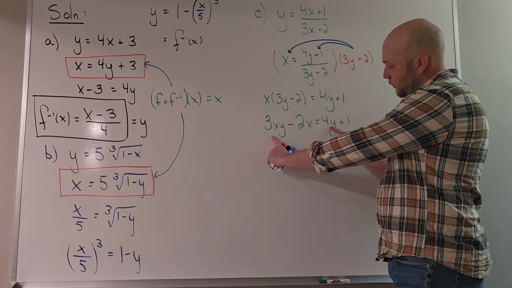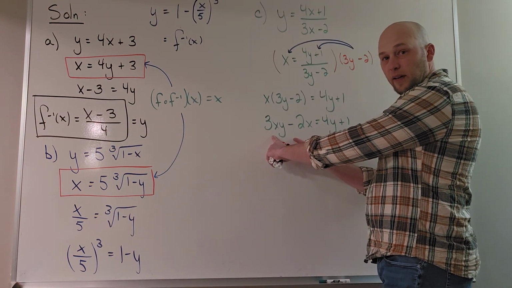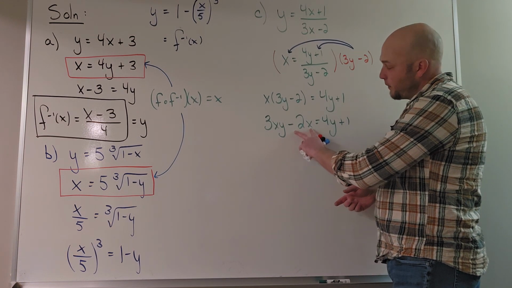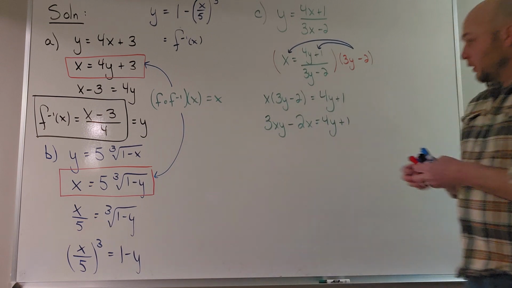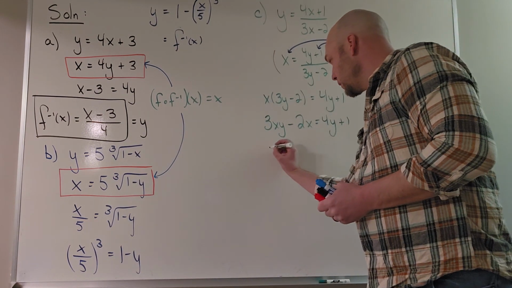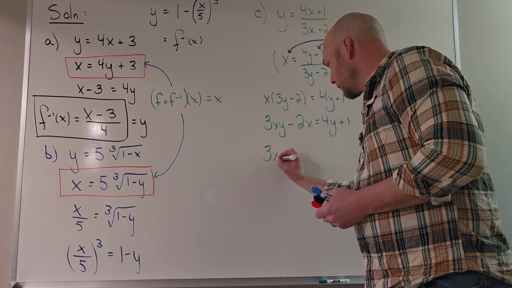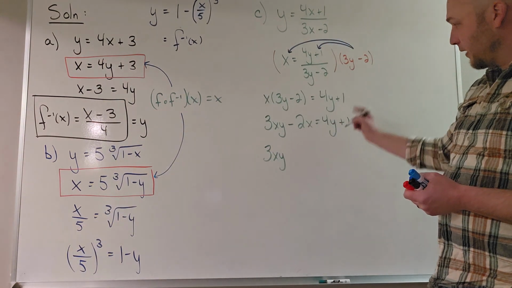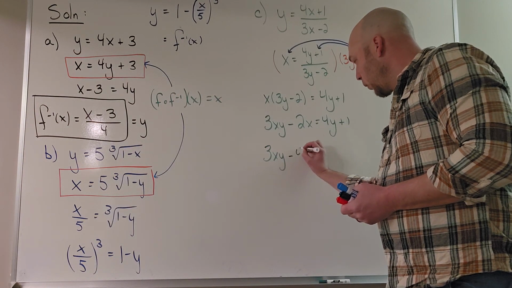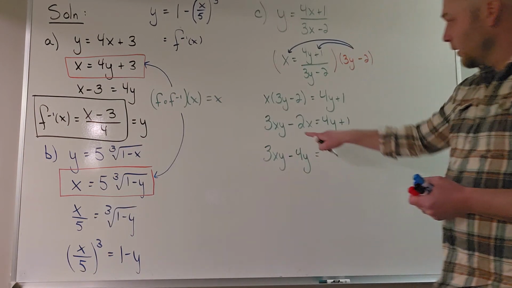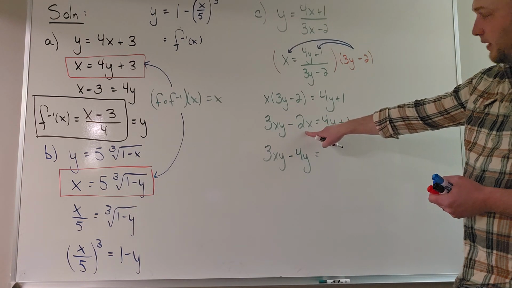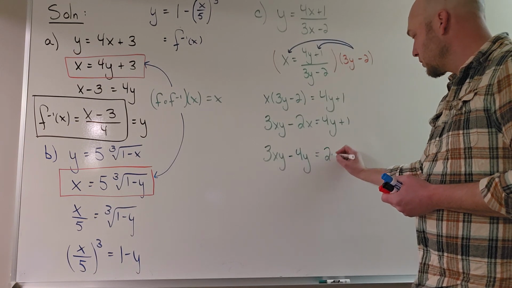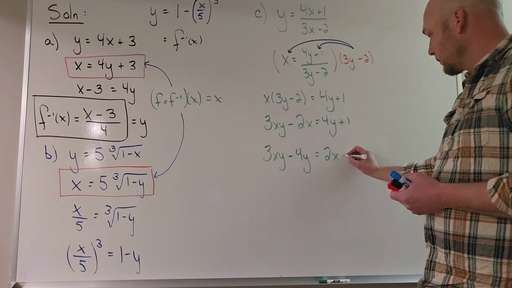What I'll do is take this 4y and subtract it over to the left. And then this term right here, this minus 2x, since that does not have a y, I want to add that to the other side. So again, the 3xy term will stay. This 4y, I'll subtract it from both sides, so it'll cancel on the right, and then I'll get a minus 4y on the left. Minus 2x does not have a y, therefore I'll add that to both sides, giving me a 2x over here, and we already have the plus 1.